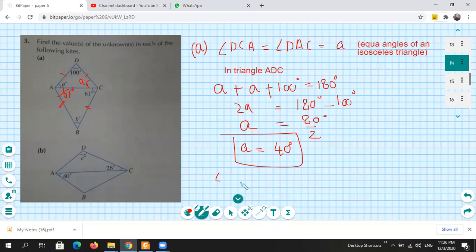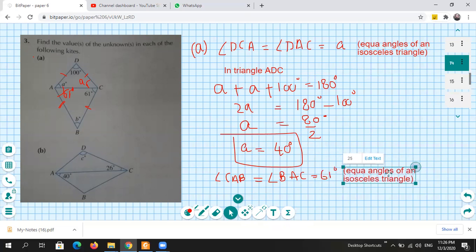The angle CAB will be equal to angle BAC equal to 61 degrees. And the reason is the same, equal angles of an isosceles triangle.